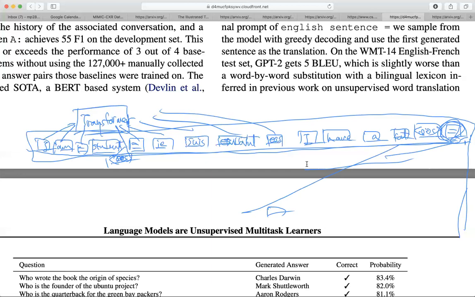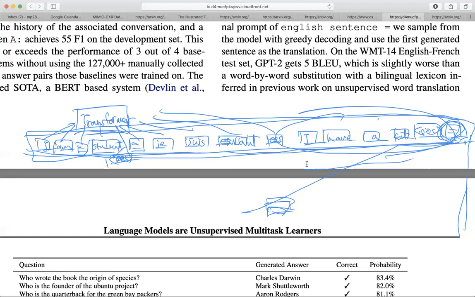You just register this priming, this pair of examples, and then you can prompt GPT-2 to translate this particular English word into a French word. Of course you can do it autoregressively. You predict one French word, and then you use this to predict the next French word, and the next, until you sample the end of sentence symbol.